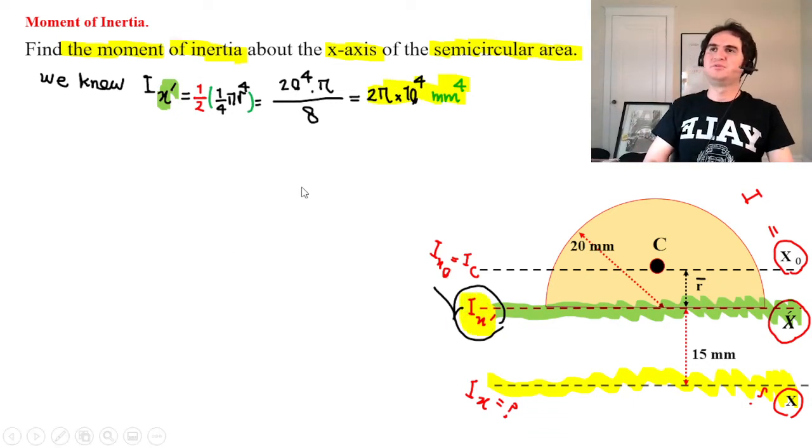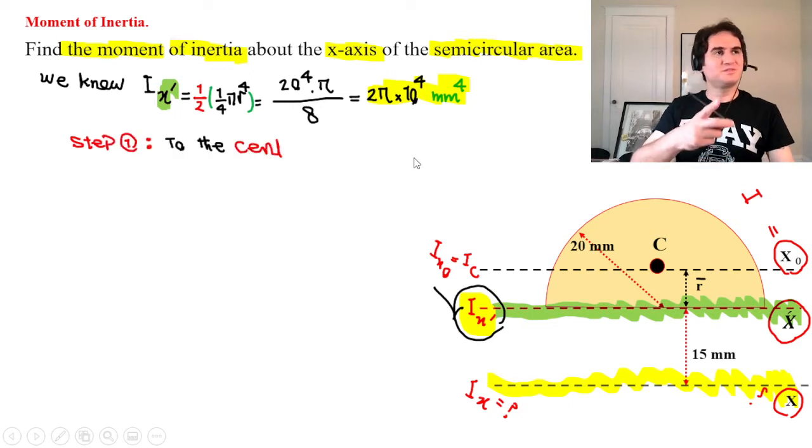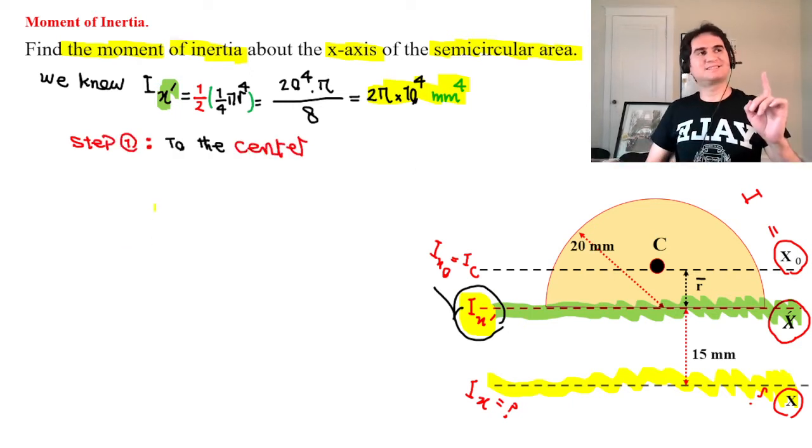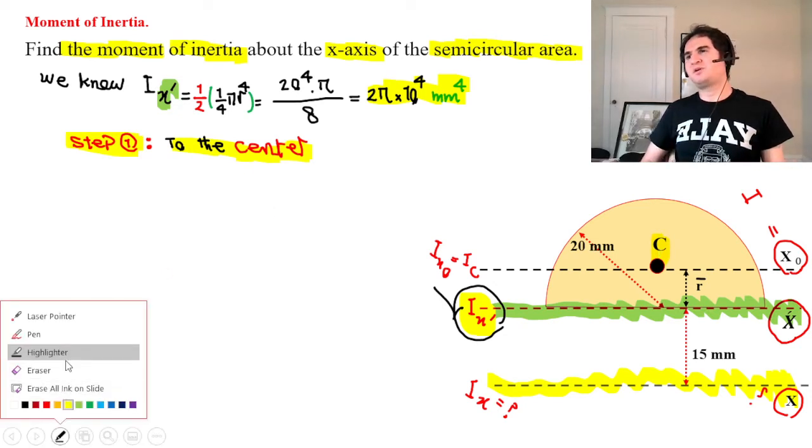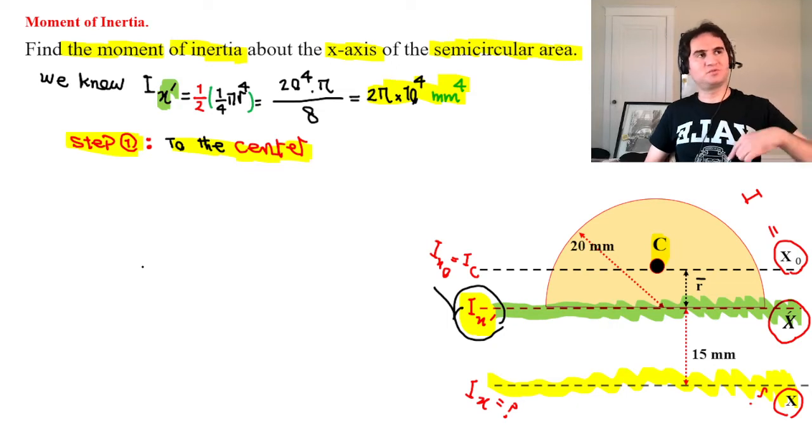And if you want to solve the rest of the problem, let's see it based on the parallel axis theorem. Yes, it's a two-step solution. The first one is from what is known to me to the centroid of a semicircle. Do you remember in parallel axis, going to the center, if you're going back home, you're losing. That's a negative.